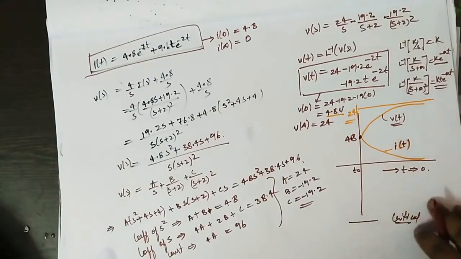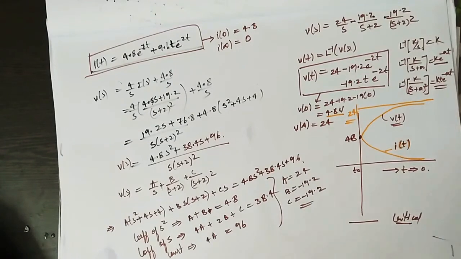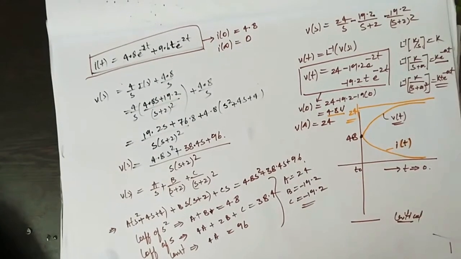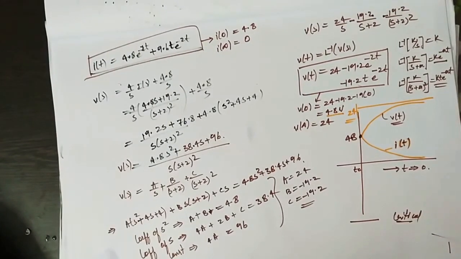Now we will solve another circuit based on the underdamped case. For that I have the values of R, L, C. Now we'll do the other circuit for the underdamped system.